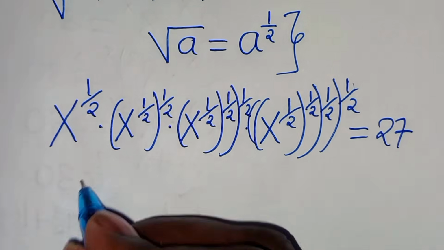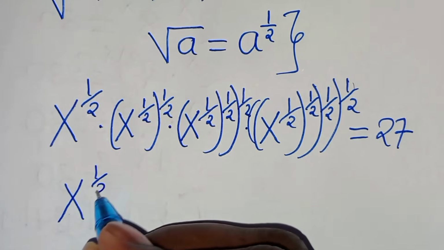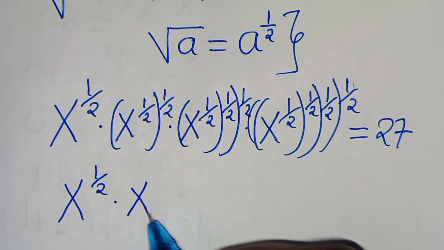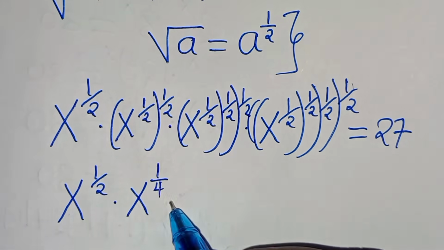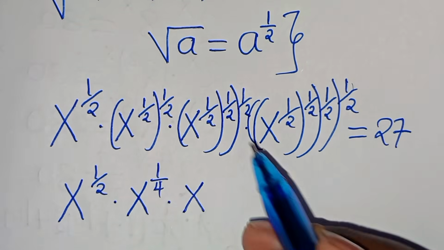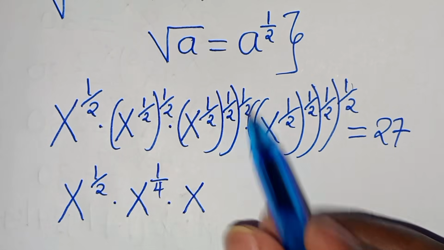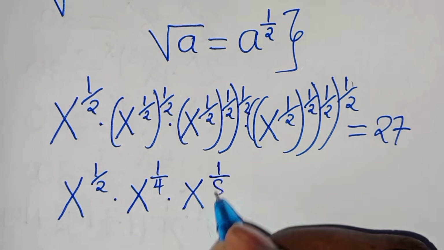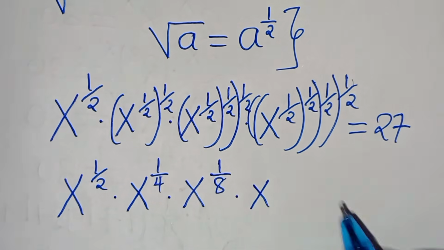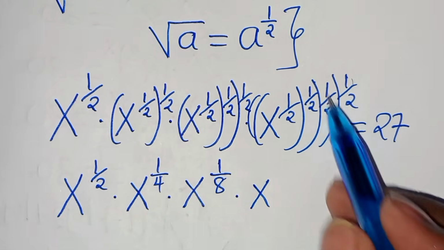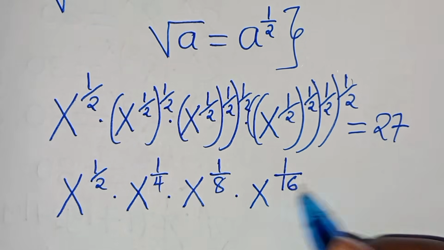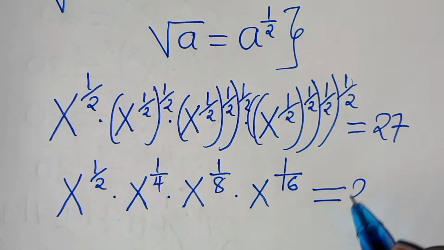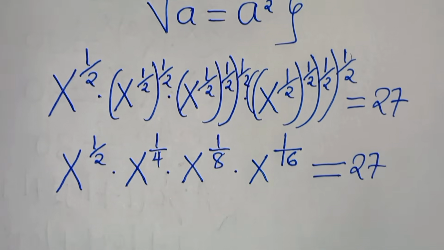So this means we have x to the power of a half multiplying by x to the power of a half times a half. This is 1 over 4 times x raised to the power of a half times a half times a half. This is 1 over 8. Then times x to the power of a half times a half times a half times a half. This is 1 over 16. And this is equal to 27.